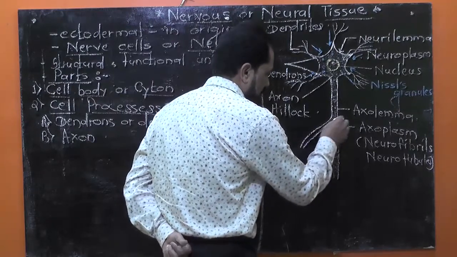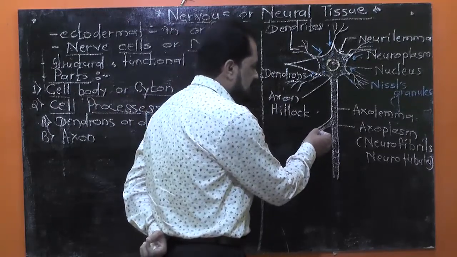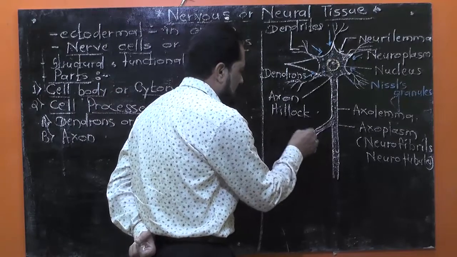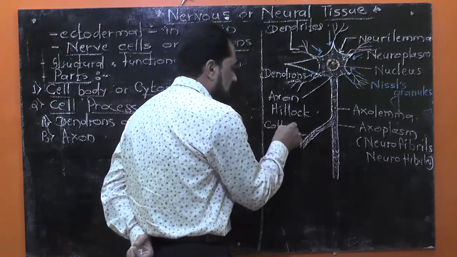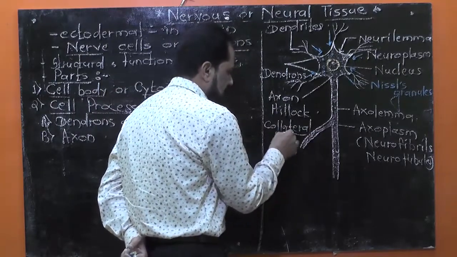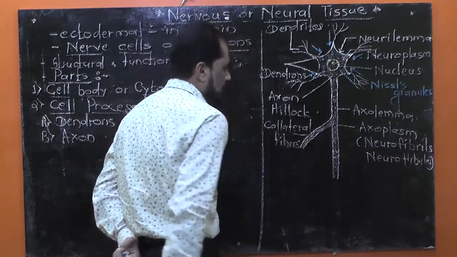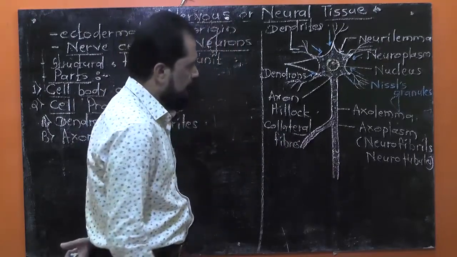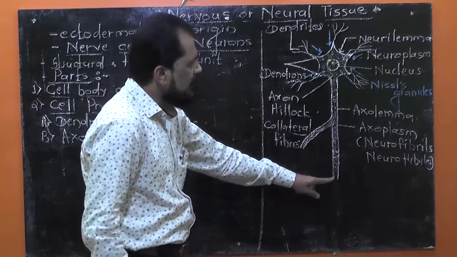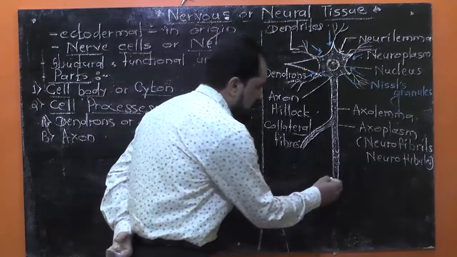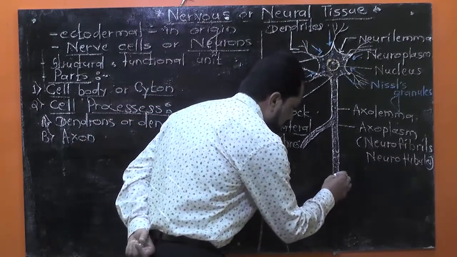It may show the branch. Such lateral branches are called collateral fibers. It may be single or more than one. The terminal end of the axon shows terminal arborization.